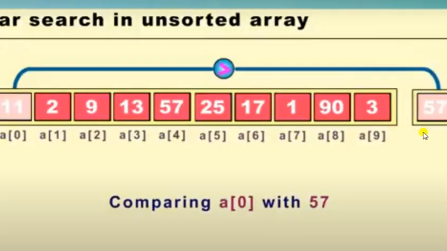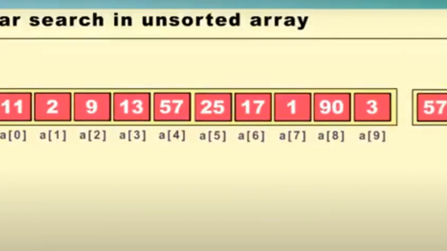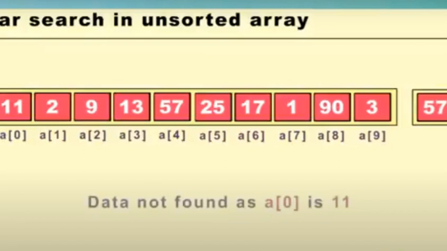First, we compare the first element, that is A[0], with 57. Here, A[0] is 11. That means data is not found. Then we increment the index to A[1].